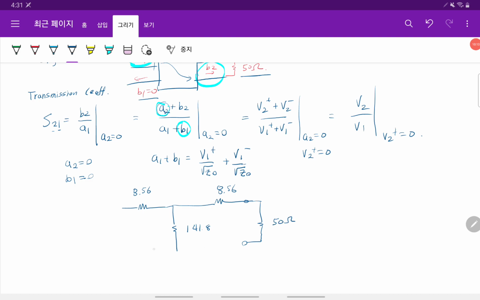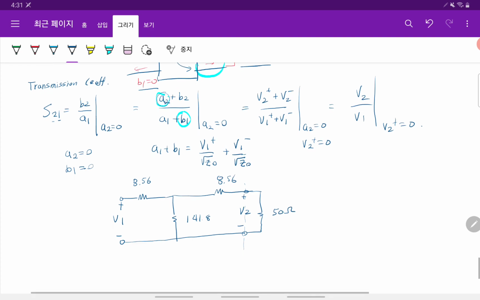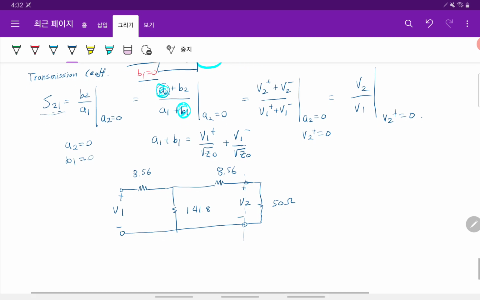So basically, this is the total voltage V1. This is the total voltage V2. So if you take the ratio between those, then we will get the S21, right? Because it is a specific case. Because B1 is 0, right, for this case.